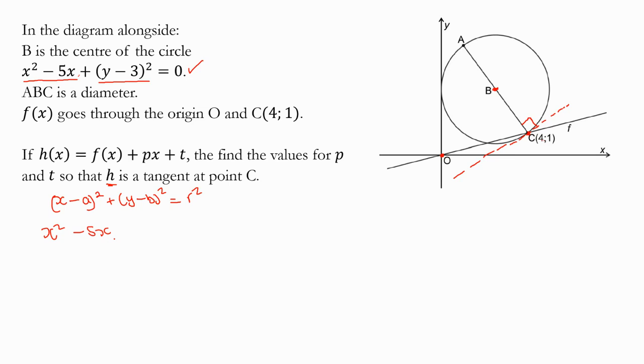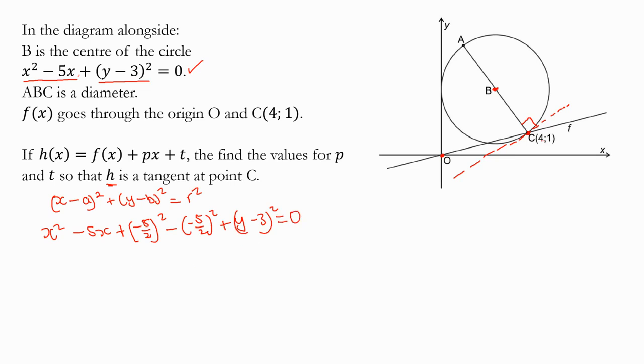So we square negative 5 over 2, and then we add and subtract it. So it's going to be plus (negative 5 over 2) squared, and then minus (negative 5 over 2) squared, plus (y minus 3) squared is equal to 0.